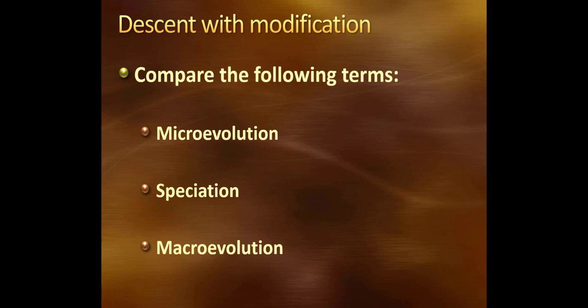And then the next step we have is a huge leap. So from microevolution to speciation is a fairly small step, but from speciation to macroevolution is huge, because now in macroevolution you're looking at large scale changes over long periods of time and usually over large taxonomic scales. So rather than just looking at species, you might be looking at the diversification of an entire phylum.